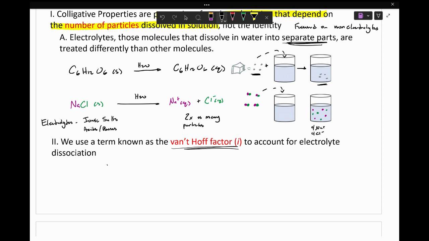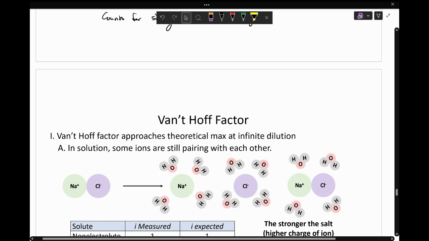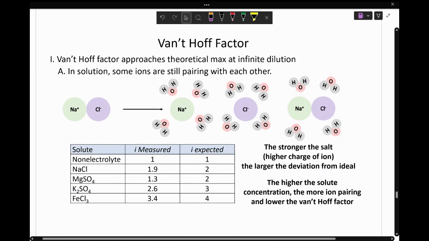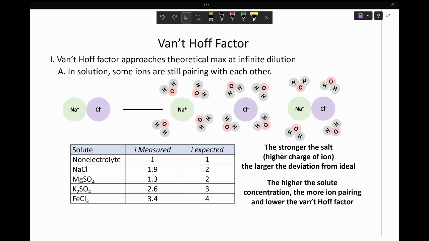So this accounts for strong and weak electrolytes. The way the Van't Hoff factor is defined is that it's just a constant that describes how many particles you have in solution.